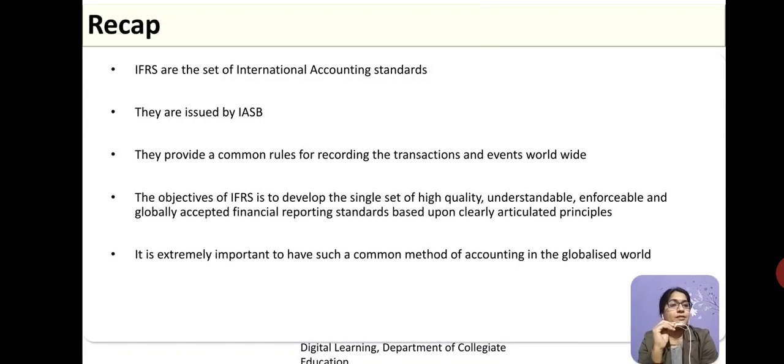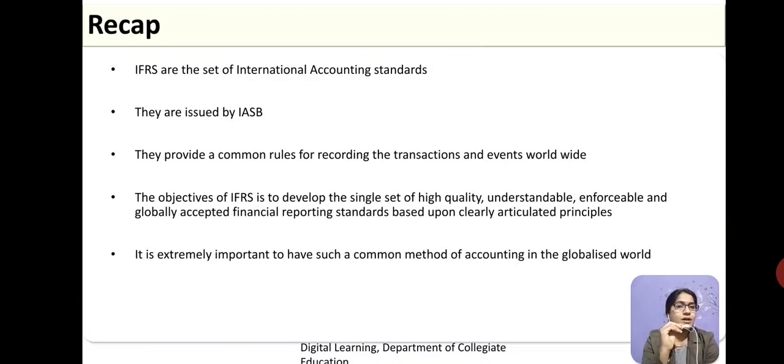When it comes to IFRS, this gives a set of international accounting standards which is commonly used worldwide. Okay, and this IFRS is issued by IASB, which is the International Accounting Standards Board, and they provide common rules for recording the transaction, for treating the items, for the common framework worldwide.